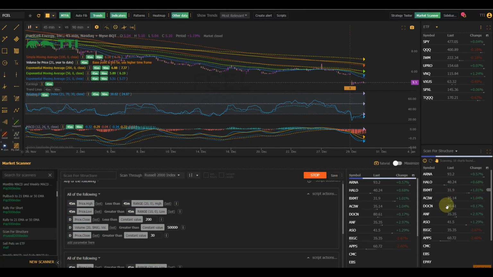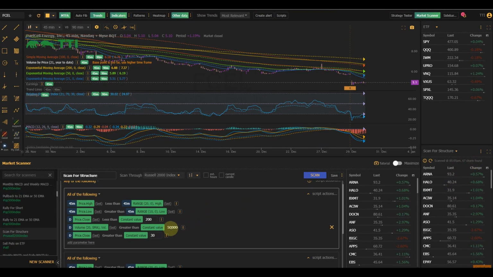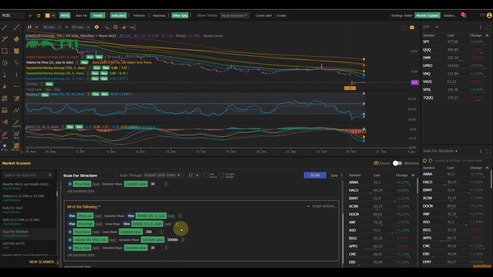And I think I had it at 5 million instead of 500,000, so my list is going to get bigger. Again, as my list gets too big, this is where I want to narrow down my results. Maybe I'll say, okay, I only want to do 1 million. The higher the volume, the more the stocks move, and the better chance you have of getting your price action, right?